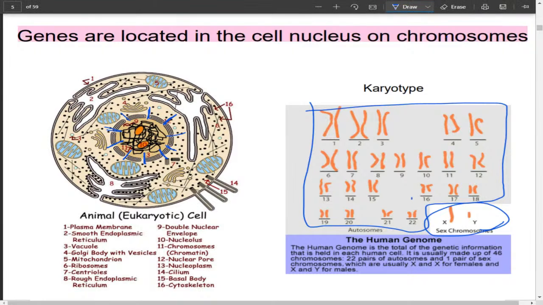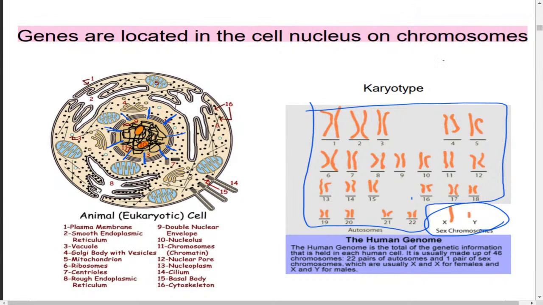Number 13 is the nucleoplasm. Here, all over this place, we have the nucleoplasm surrounding the nucleolus and the chromosomes within the pores of the double nuclear envelope.